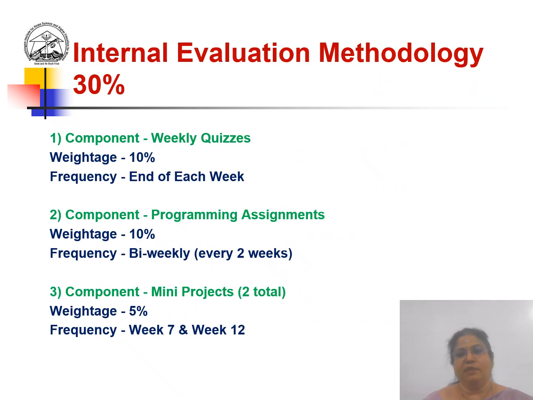The internal is evaluated for 30% and it involves components like weekly quizzes, 10% weightage, programming assignments, 10% weightage, weekly quizzes each week and programming assignments bi-weekly, and mini projects, 2 mini projects, 5%, done at the end of the 7th week and the 12th week.